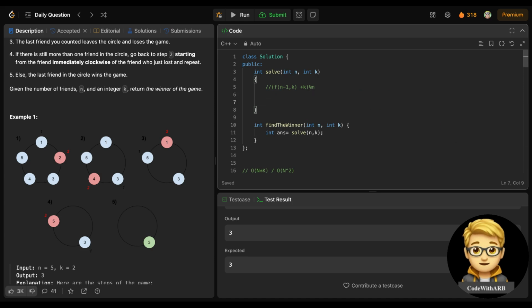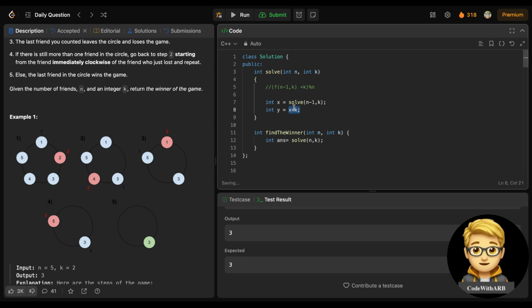So I will find its previous value, that would be x. So I will find for x, and it will be solve(n-1, k). So it will give me some index, and I need to update the current index. So that would be x plus k.